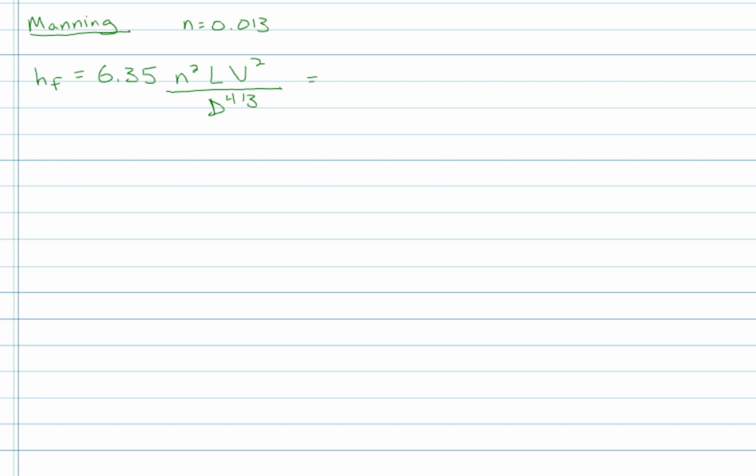From that, if we substitute in the known value, the n here, for a typical ductile iron pipe, we're going to use 0.013, squared. 500 is the length. Our velocity is 1 meter per second, squared.